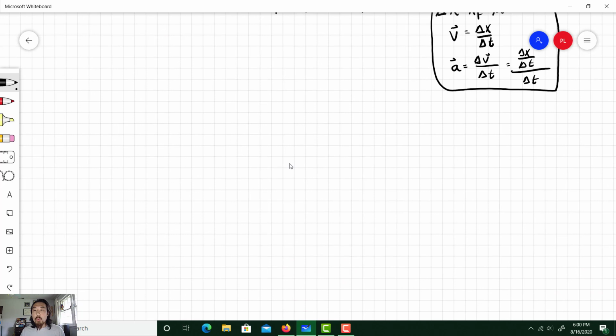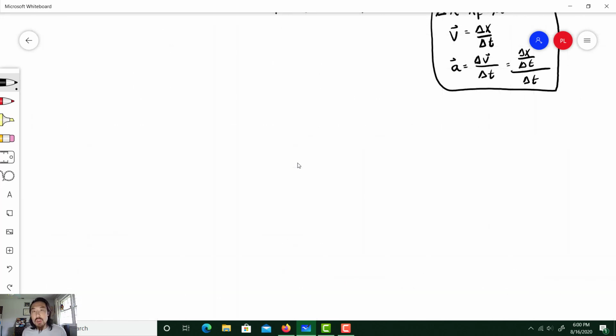All right, so what I'm going to do is I'm going to show you the table, and I'm going to add a couple of different highlights for this table. Now, trust me when I say, whenever I personally solve any kinematics problem, I always start off by writing out these tables. It's just a great way for you to focus on what's important, what the problem gives you, and what you need to solve for.